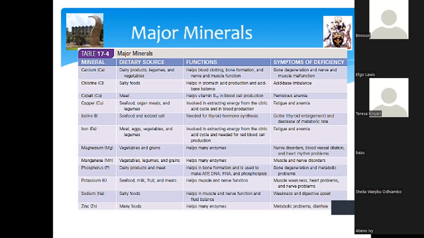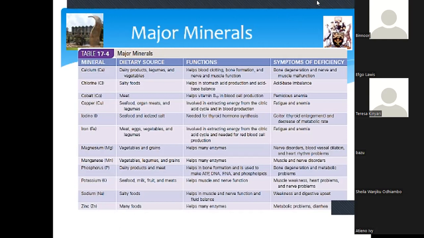Potassium will come from seafood, milk, fruits, and meats. It's important in maintaining the functions of muscles and nerves, and the lack of it will lead to muscle weakness, heart problems, and nerve problems. So whenever we have potassium derangements, then we basically have those problems.